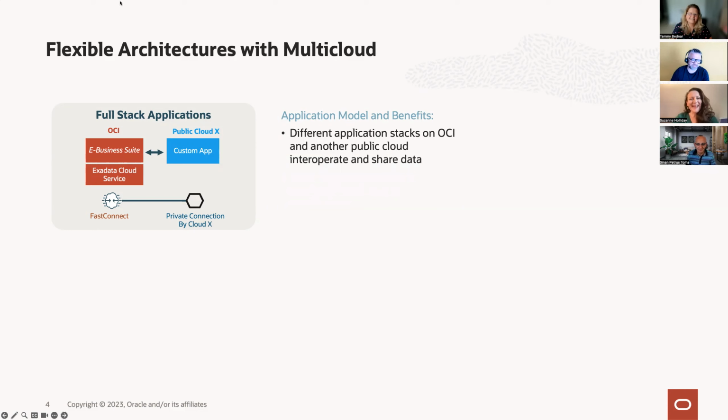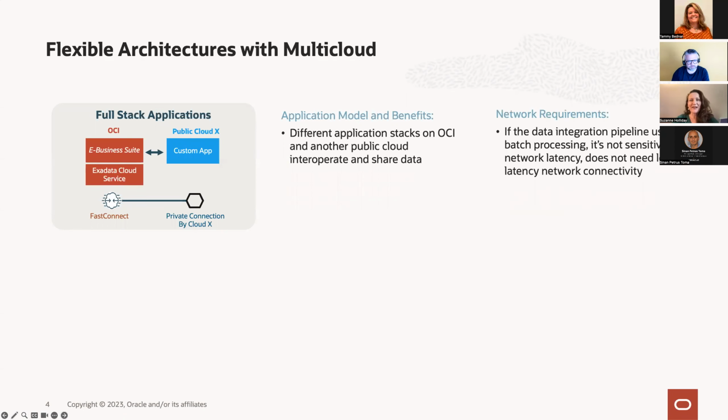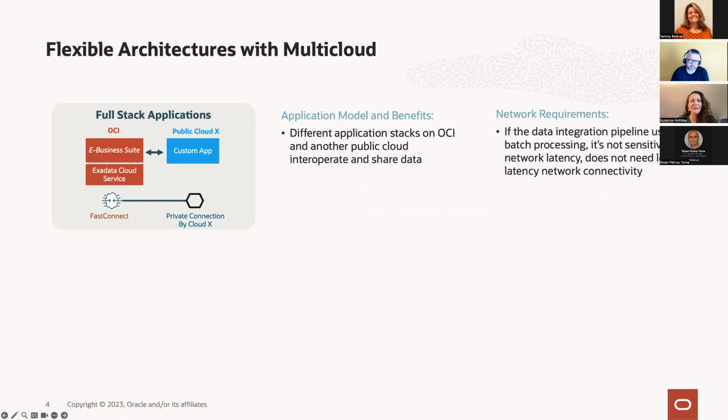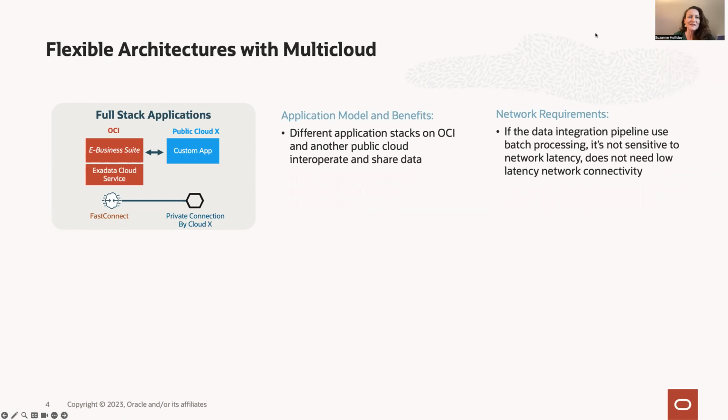I'm sorry. Okay. Yeah. So for the purpose of our strategic products with the Microsoft services that we offer, we just like to make an explanation up front of what we actually mean by a full stack and a split stack. So here we're depicting a full stack, whereby the full stack of the application is running in one cloud. So here in the diagram, we're showing the E-Business Suite running on Exadata cloud service.